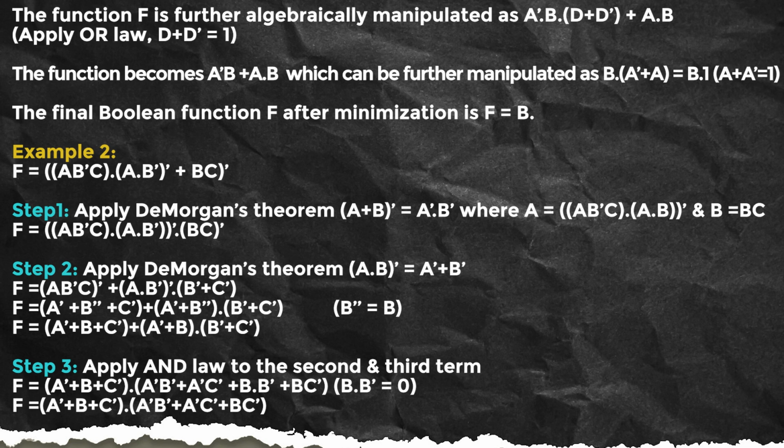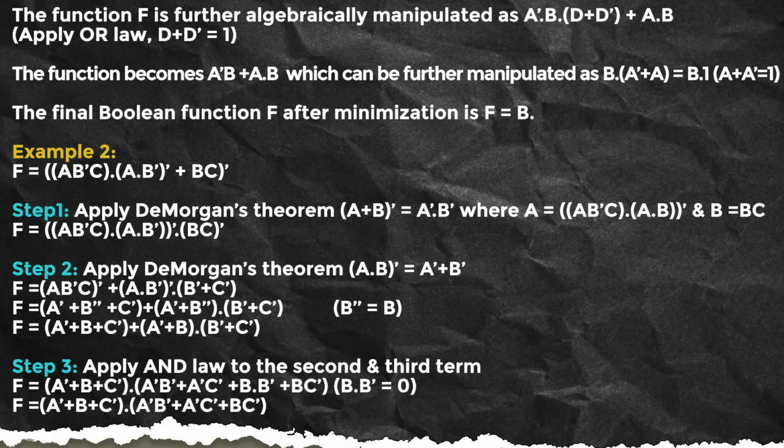To apply De Morgan's theorem, you know that a plus b, whole bar, is equal to a bar dot b bar. Where the term a is, my term a is a bar c, a b bar c the whole bar plus a dot b bar the whole bar dot bc the whole bar, you can write it as b bar plus c bar.